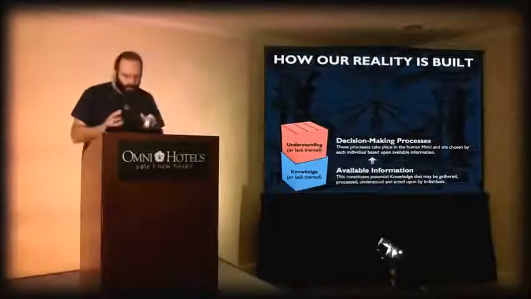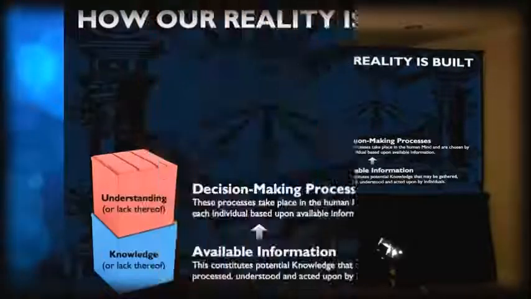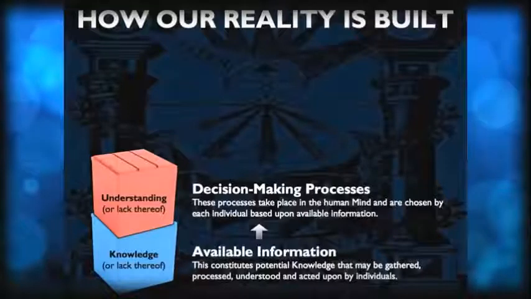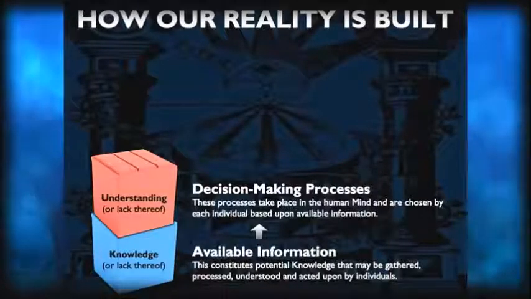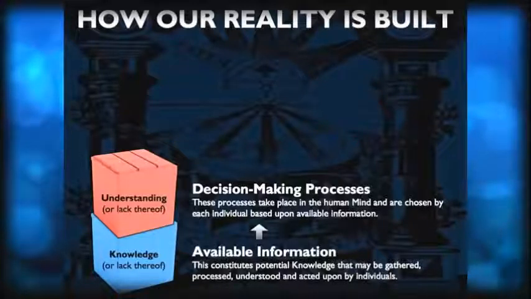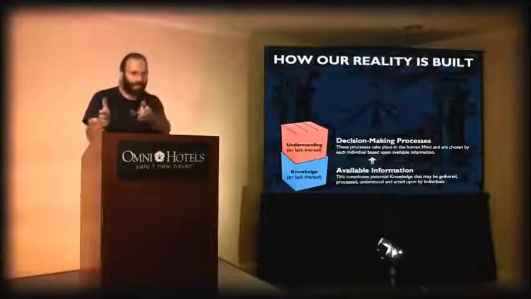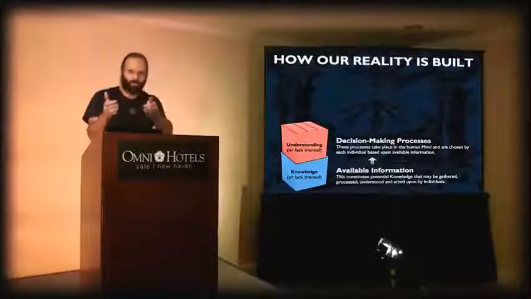If you have understanding present, your decision-making processes are going to be in harmony with what you say you want. You're going to understand, if here's what I want, this is what's necessary to get that, to make that happen, to manifest it. That's understanding. It's a decision-making process that happens within the mind.